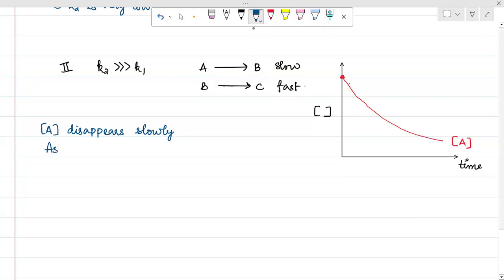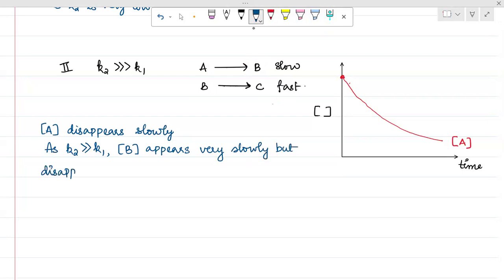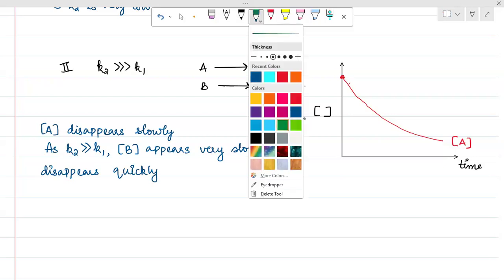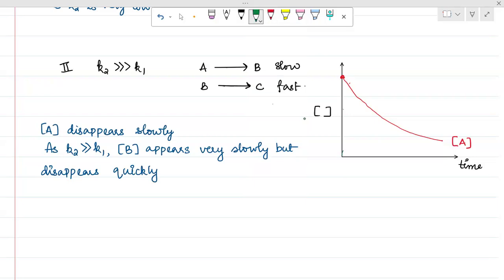You can write: as K2 is way higher than K1, the intermediate B appears very slowly but disappears quickly. Meaning, the way you will draw it is, it forms very slowly, but the moment it is formed, it will disappear.